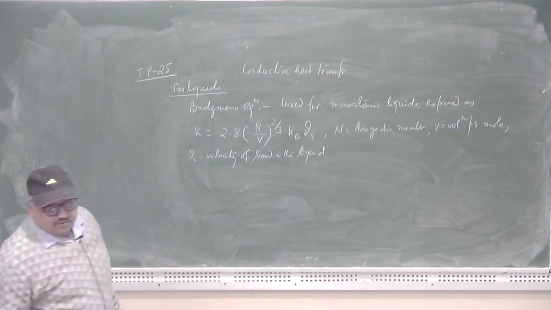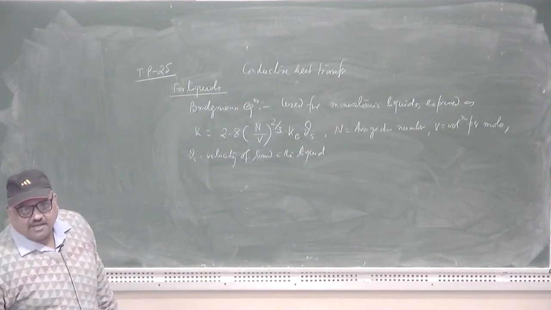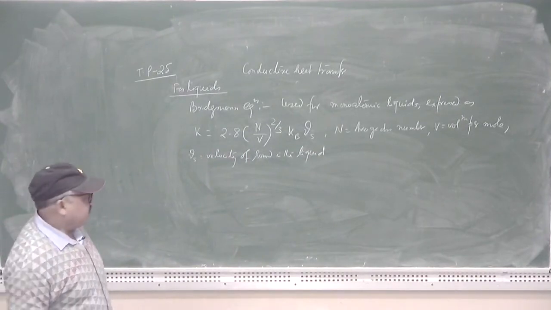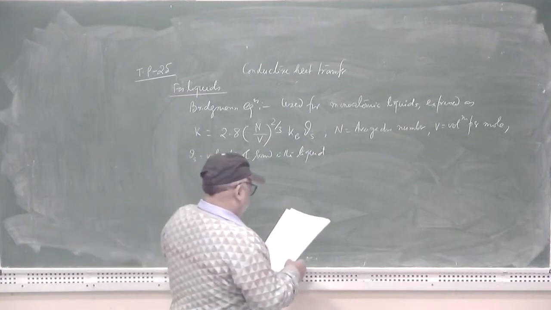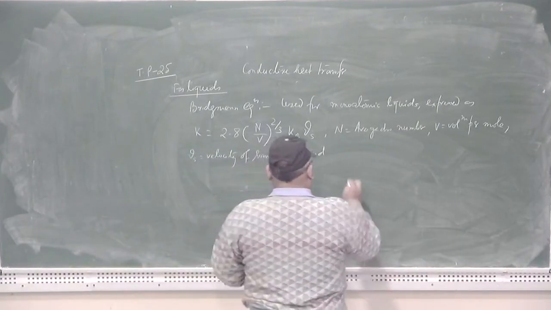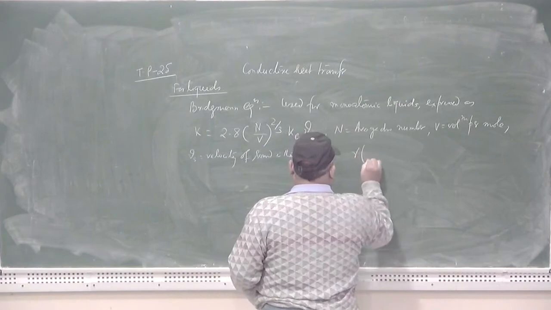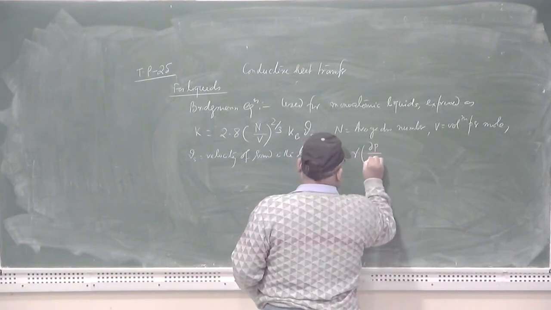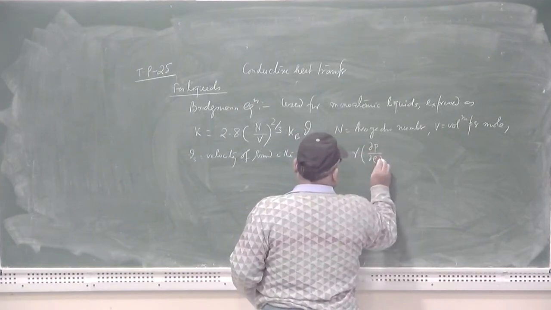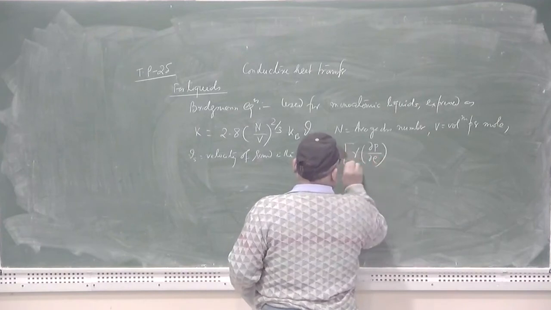This velocity of sound in the liquid can be determined by the Laplace correction to Newton's formula. So it can be determined as gamma delta P by delta rho, raised to the power half.